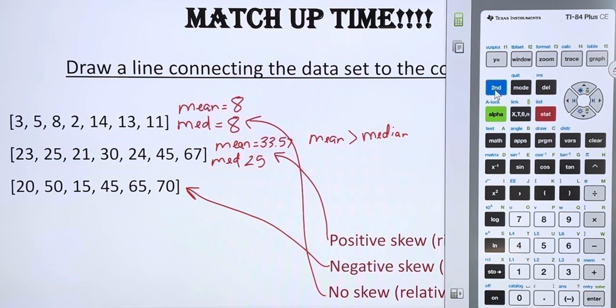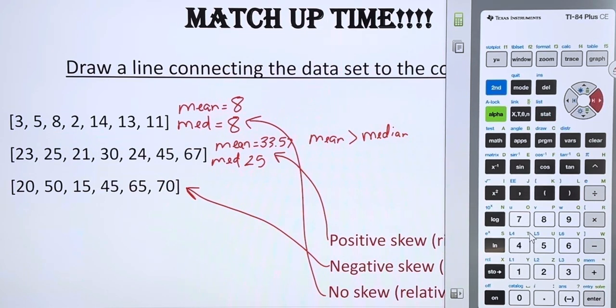just to show it. So let me clear out my list. Second plus 4, enter. Okay, stat edit. 20, 50, 15, 45, 65, and 70. Okay? And by this time, you're getting used to the button pushing.